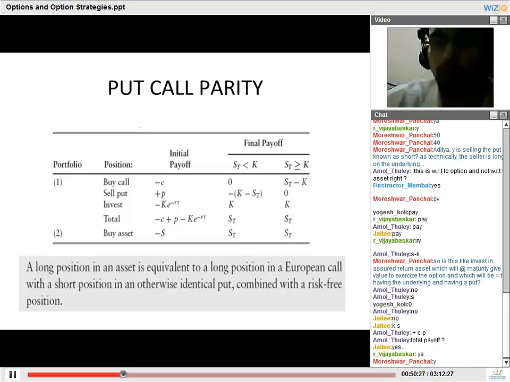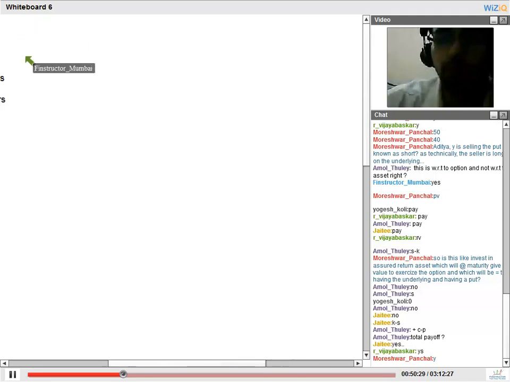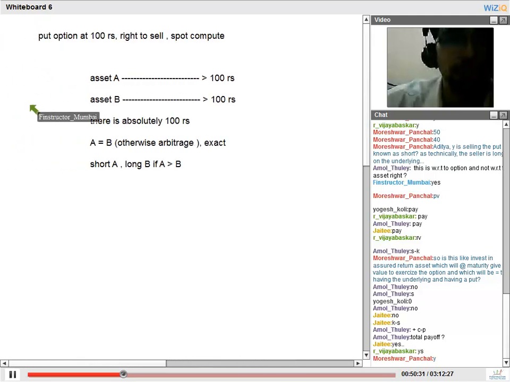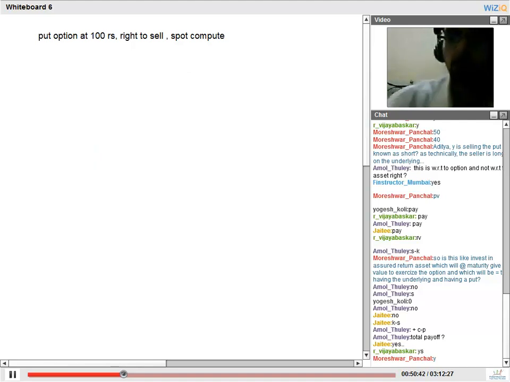By the no arbitrage principle, if two portfolios are giving me the exact same payoff at maturity, I should be willing to pay the exact same price for them to begin with. How much price do I have to pay for the first portfolio?